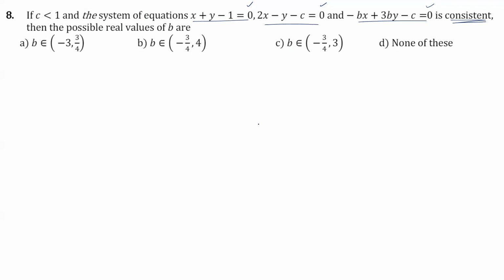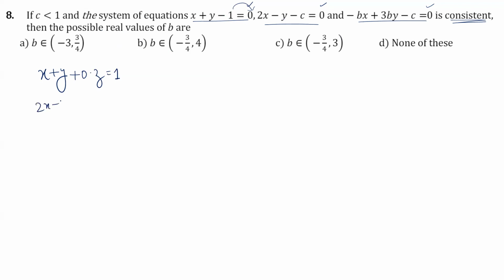One more thing here, this is a little tricky. So they have given these as 0. Let us see what it actually is. So x plus y minus 1. Minus 1 goes there, so it becomes plus 1. But there is no component of z. So what we will do is put 0 into z equals to 1. Here 2x minus y minus c equals 0.